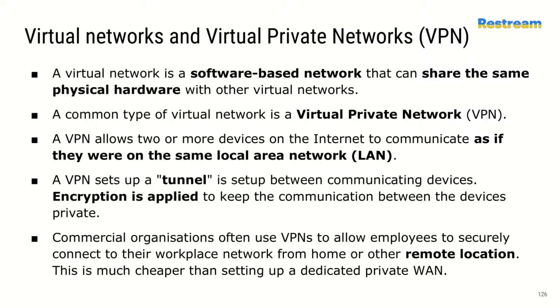It allows encrypted communication of secure data and securely connects geographically separate computers via the internet. It allows two or more devices on the internet to communicate as if they were on the same local area network.